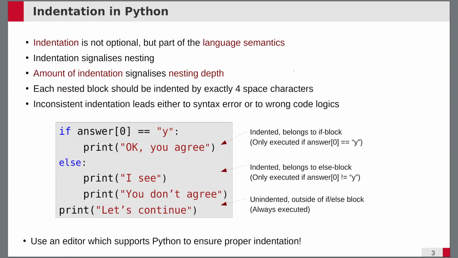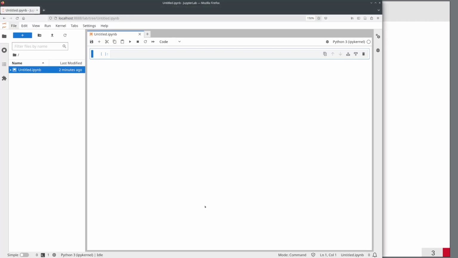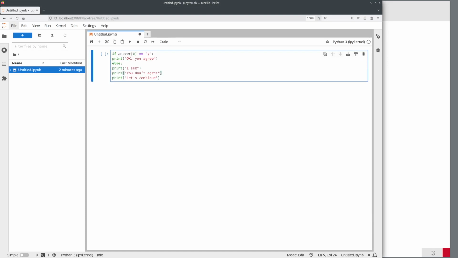So what does it mean for us? Here's an example which we can try out in the Jupyter Notebook. I have a very simple test, which is testing a certain answer. I will just copy paste it into the Jupyter Notebook. And you see this copy pasting is somewhat dangerous in Python because it might end up with the wrong indentation.